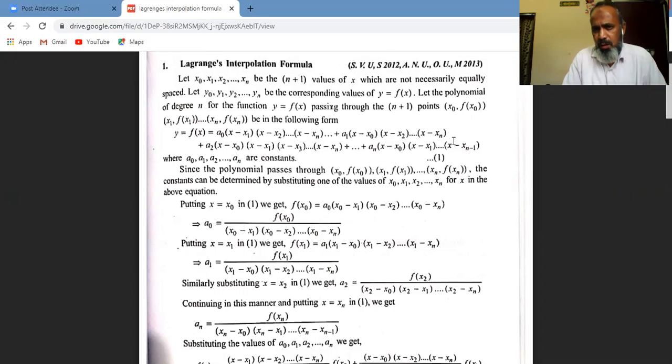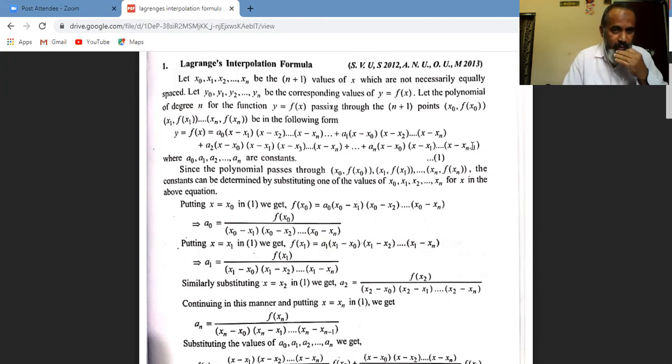Similarly, the last term will be an. This is the constant, and you write the factors except x minus xn. So the factors will be x minus x0, x minus x1, x minus x2, up to x minus xn minus 1.